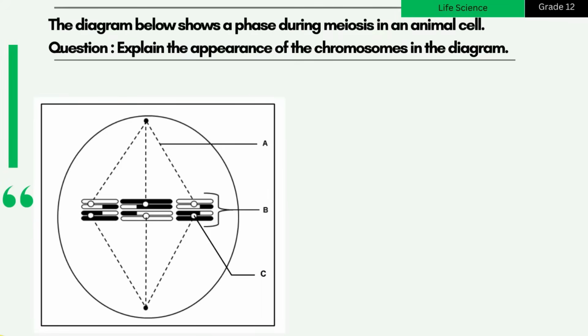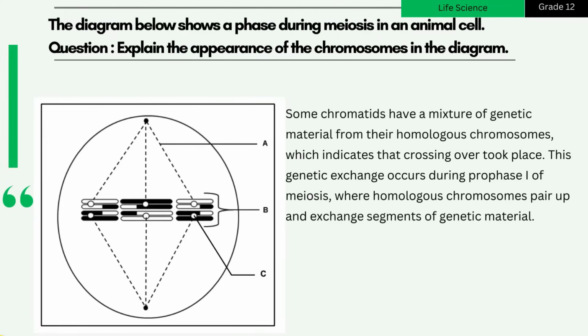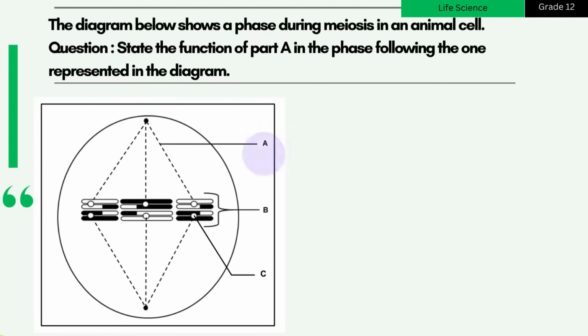Question. Explain the appearance of the chromosomes in the diagram. Some chromatids have a mixture of genetic material from their homologous chromosomes, which indicates that crossing over took place. This genetic exchange occurs during prophase I of meiosis, where homologous chromosomes pair up and exchange segments of genetic material. Question.